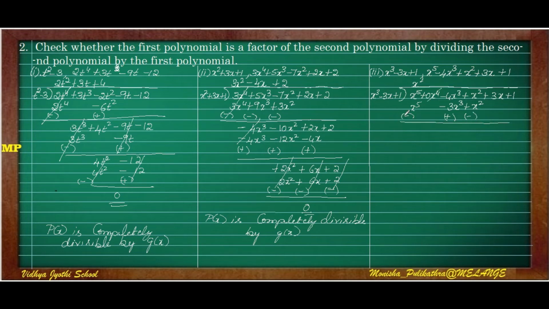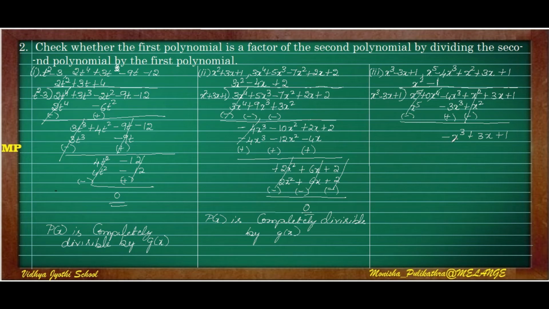Since no element is there, this will get cancelled. So your minus into plus becomes minus. So minus x cube. Here plus x square, minus x square get cancelled. So remaining is plus 3x plus 1. So for x cube to become minus x cube, we have to multiply it with minus 1.